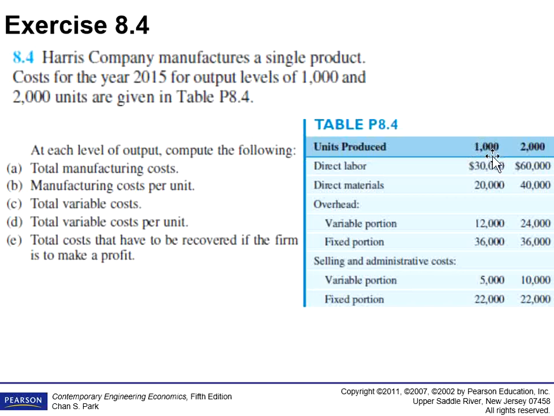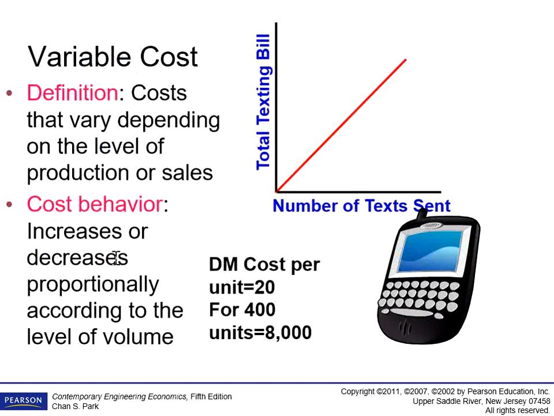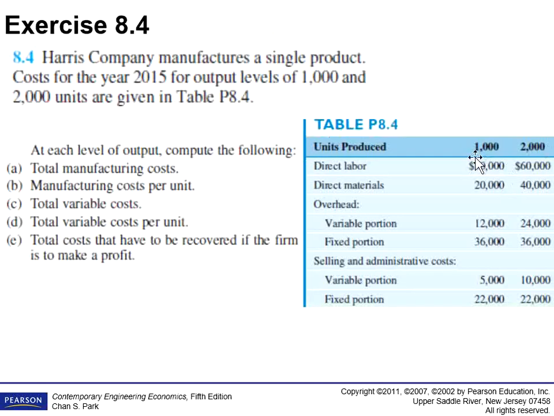We said before that variable cost varies proportionally. If I go back to this slide, it increases or decreases proportionally. So coming back to this question, direct labor is a variable cost. Material was 20,000 if we produce 1000 units.